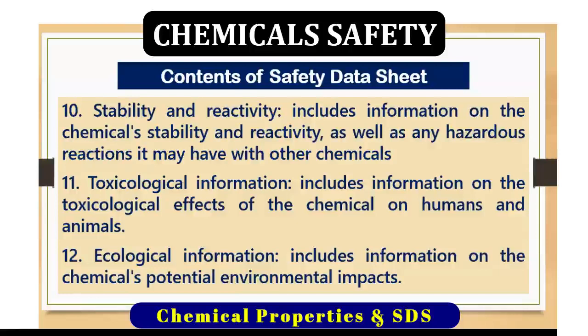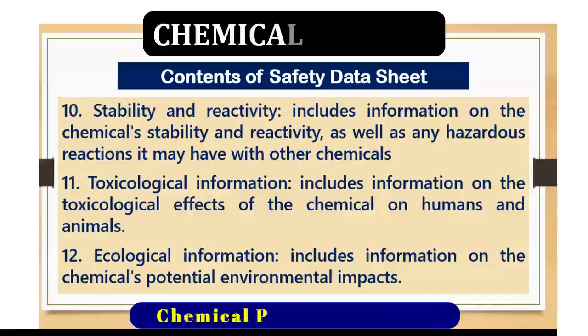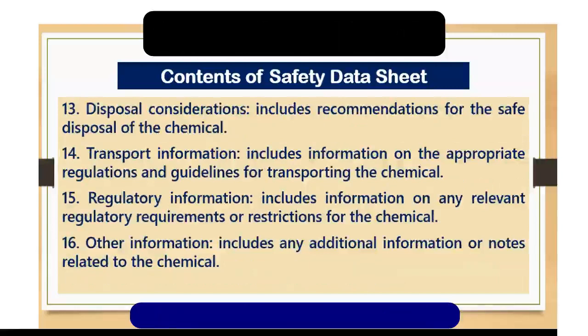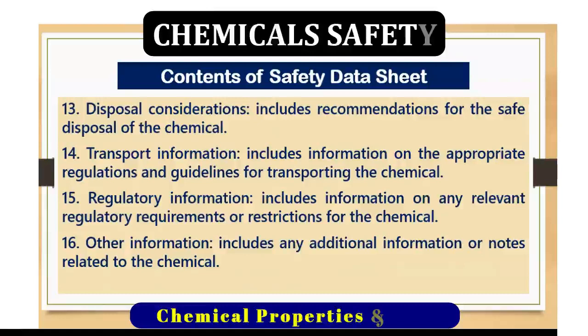It includes information on the toxicological effects of the chemical on humans and animals. Number 12, ecological information. It includes information on the chemical's potential environmental impacts. Number 13, disposal considerations. It includes recommendations for the safe disposal of chemicals.